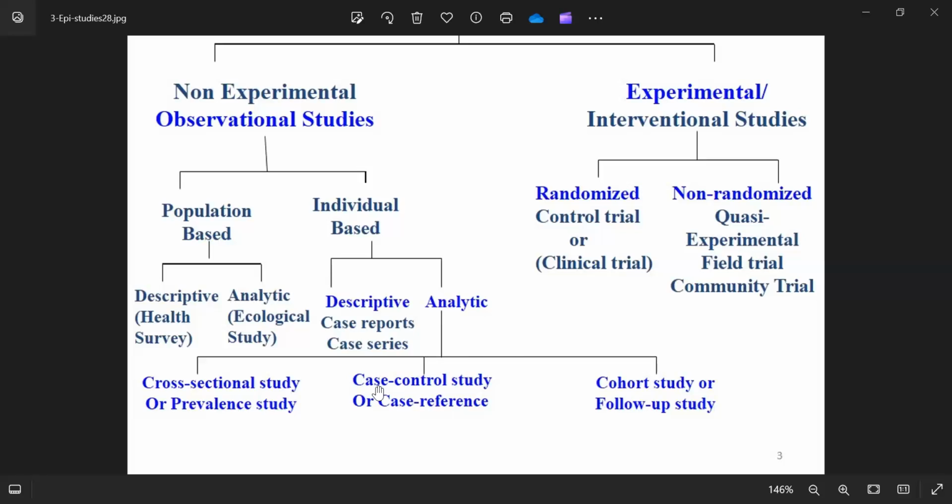In that case, we have 50 men or women who have oral cancer. And in their histories, among them there are persons who chew tobacco, and there are also some who do not chew tobacco.